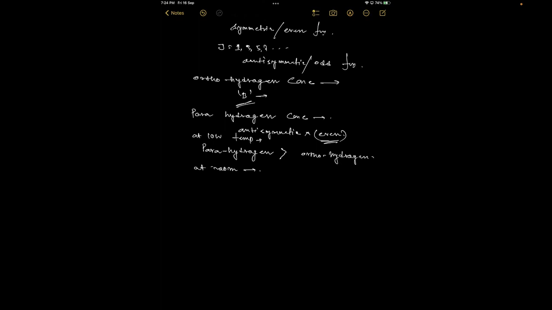So at room temperature in hydrogen gas, the contribution of ortho and parahydrogen is 3:1. That means 3 orthohydrogen to 1 parahydrogen. This is just for information.